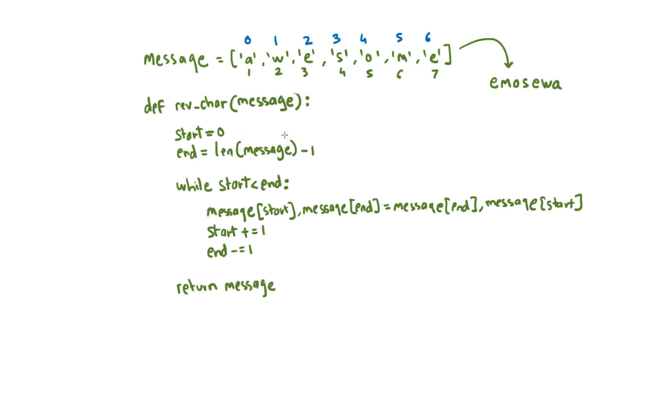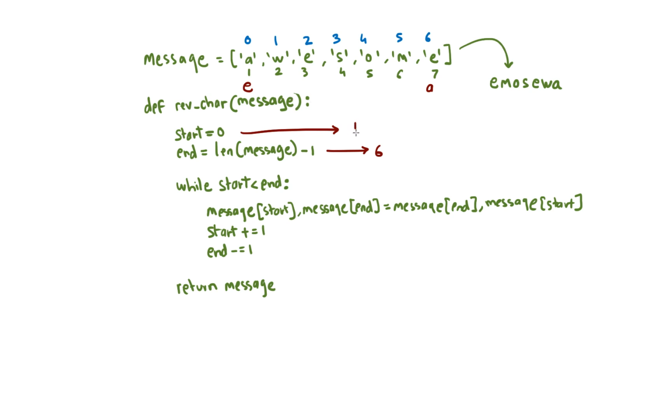Alright, now that we have this program ready, let's run through this once again. Start is at 0 and end is at 6 because len minus 1, 7 minus 1 is 6. Alright, so start is less than end, correct, that's right. Then we swap. Okay, so let's swap the characters. Then we increment start.